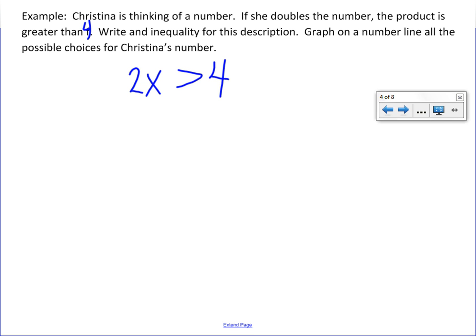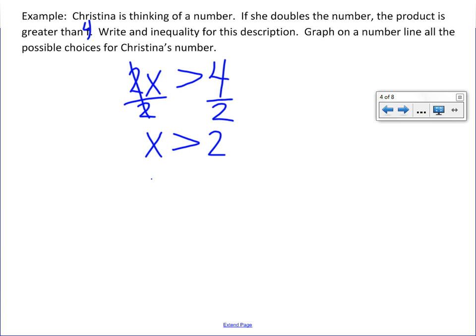So if I had 2x equals 4, to get x by itself, instead of multiplying, I would divide, because we have to do the opposite. So I divide by 2. What I do to one side, I must do to the other. Those will cancel out, so I get that x, my sign stays the same, so it's greater than. 4 divided by 2 is 2.